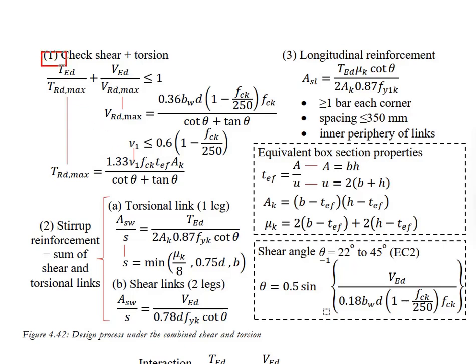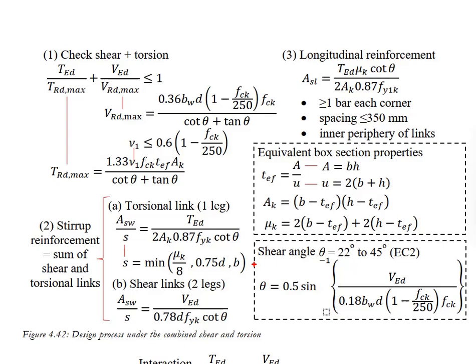Therefore, your first step will be using the interaction formula to check whether the section has sufficient resistance in both the torsional resistance as well as the shear resistance. In the calculations, you will require the strut angle. This strut angle will be between 22 degrees to 45 degrees. Both T_Rd,max and V_Rd,max will use the same strut angle, assuming that the strut angle under the torsional load is the same as under the shear load.